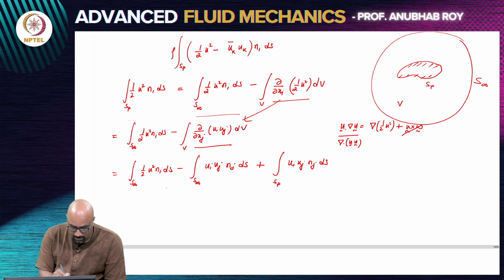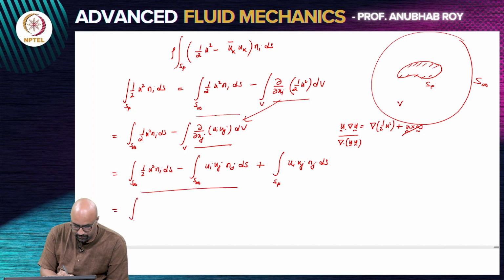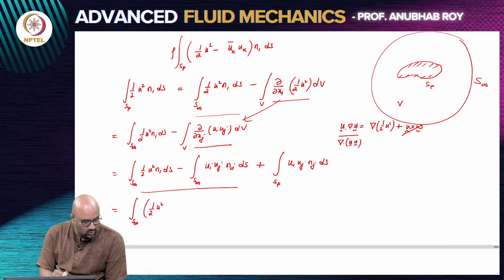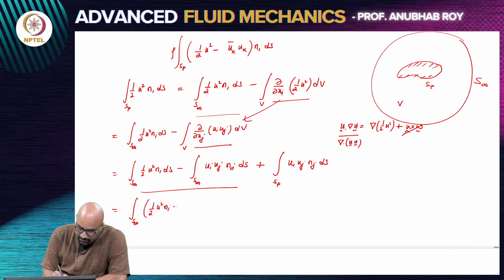Now, I will combine these two, that becomes now half u square n_i minus u_j n_j dS.